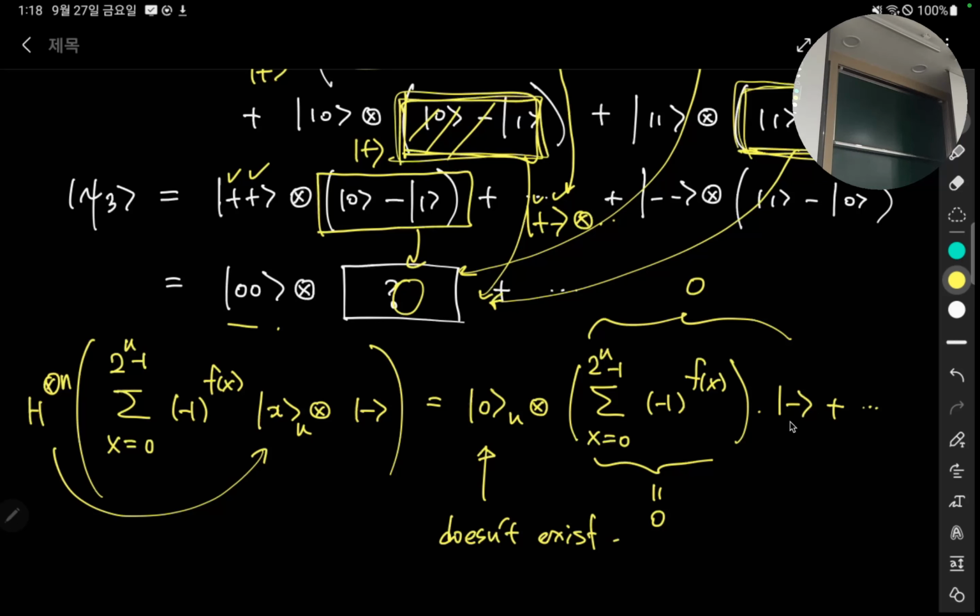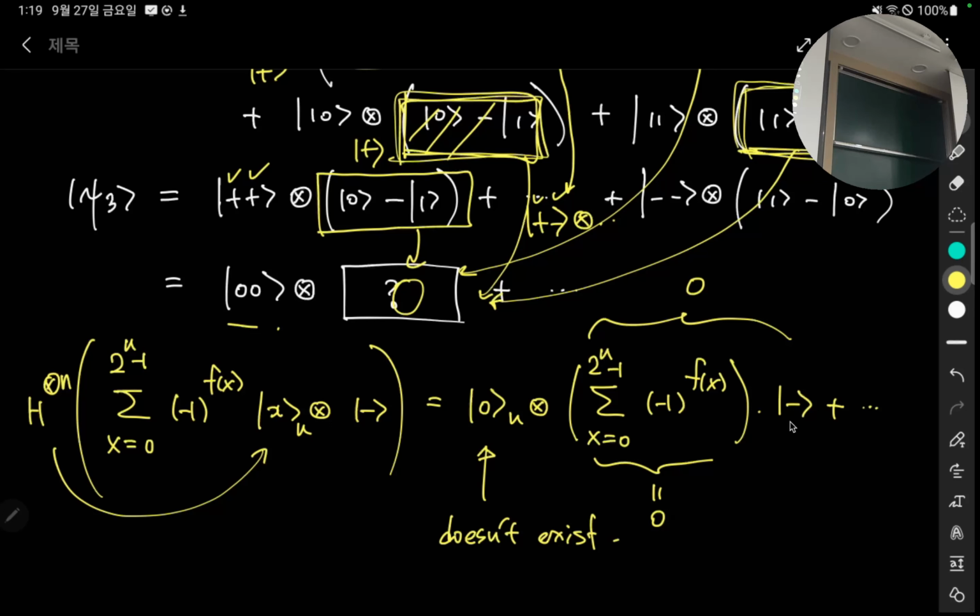So there's no way you can check what the coefficient is. We just check whether the 0 exists or doesn't exist.